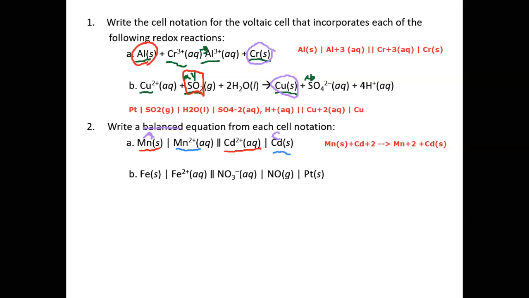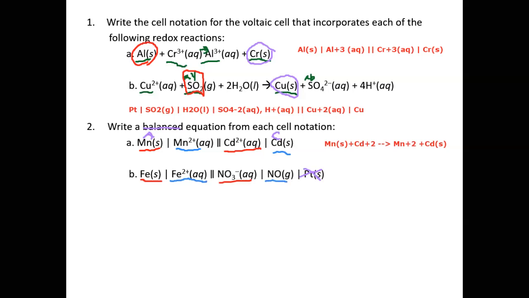Now we go to the next one. We have a reaction involving iron and nitrate. You notice here that since we're using nitrate and NO, we have an inactive electrode, so we can cross this out because it's not going to be involved in the chemical reaction. Again, slots 1 and 3 are reactants. I'll highlight those in red. 1 and 3 are reactants, and 2 and 4 are products.